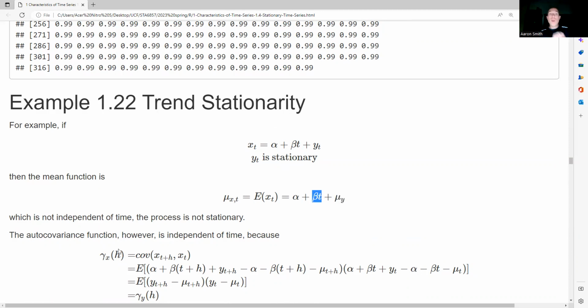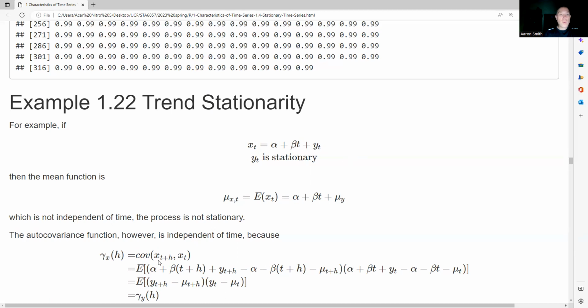Now, when we go through and compute the autocovariance, I'm going to compute the covariance just like I would normally, find the expected value, and I'm going to drop the appropriate values into there. When I do that, a lot of terms are going to cancel out.